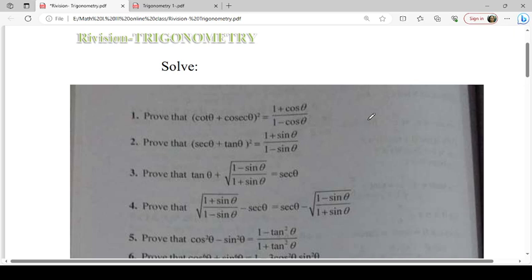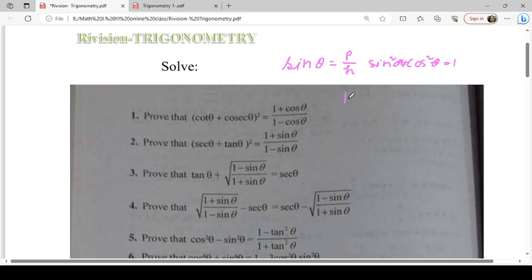So these are the main formulas we have got, such as sin theta is equal to P by H, perpendicular by hypotenuse. Then sin square theta plus cos square theta is equal to 1.